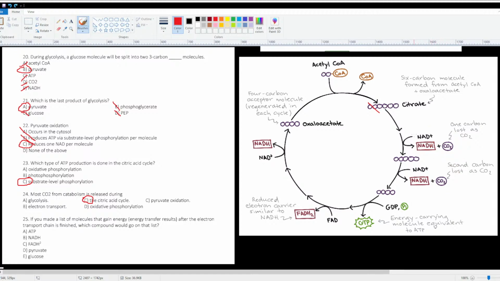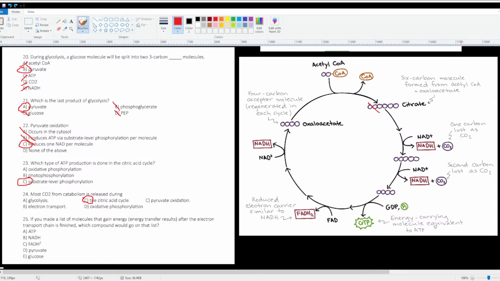And as you saw earlier, pyruvate oxidation also released carbon dioxide, but it only released 1. So even if you multiply it by 2, if we have 2 pyruvates into 2 acetyl-CoAs, then we have 2 CO2s. But then if you have 2 acetyl-CoAs and they release 2 each, that's 4 CO2 total.